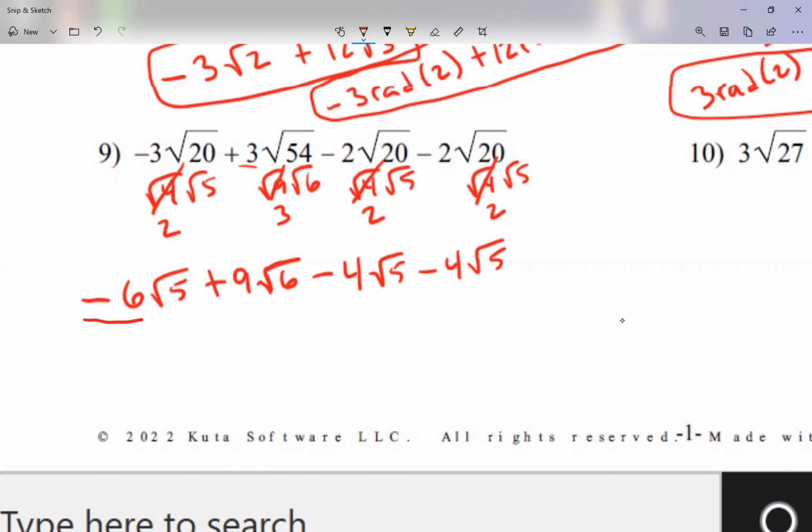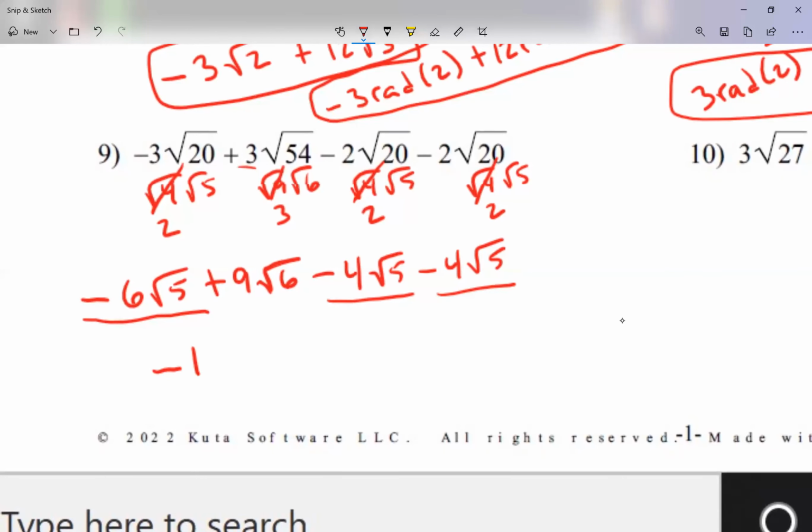Okay, so I see 3 terms that have the same radical. I'm just going to add the coefficients, the numbers on the front. Negative 6 with a negative 4 and a negative 4. That's going to give me negative 14 radical 5. Notice I just look at the coefficients, the numbers outside.